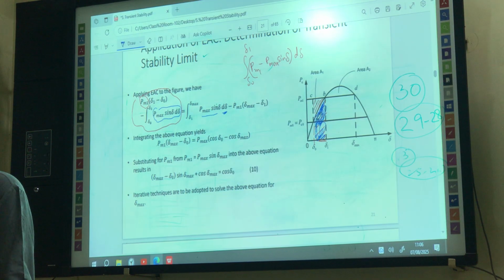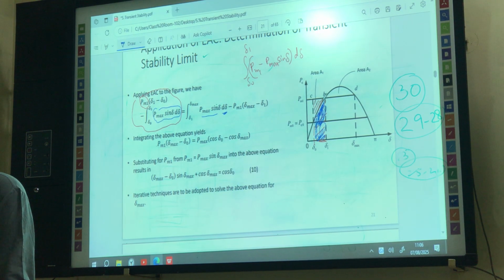Can you recall this thing from your intermediate knowledge? Yes. That the integration between these two limits will give you actually this area, right? And if you subtract the rectangle area from this area, then you will get this expression. Okay, this is the case.